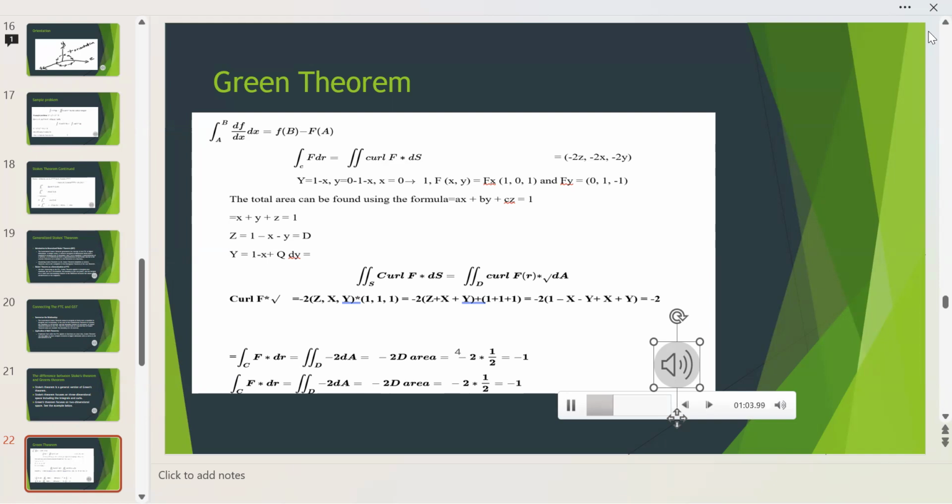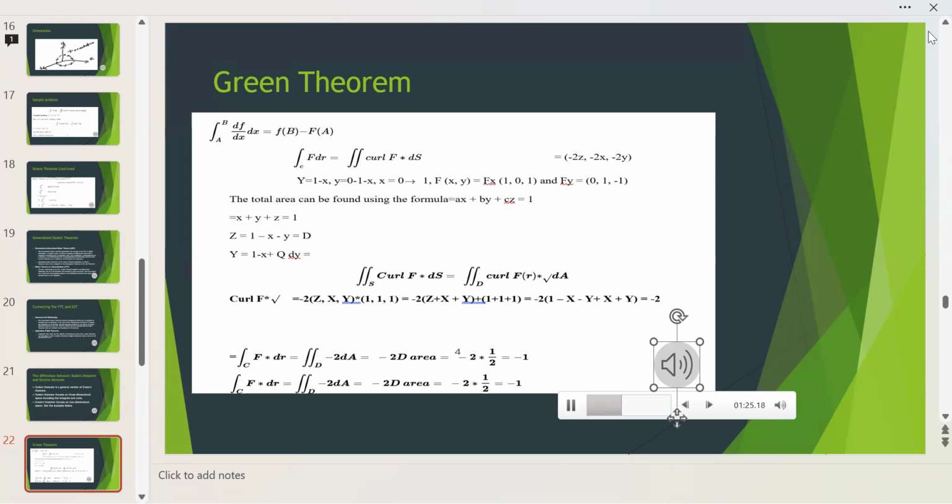And the plane can be found by using the formula ax plus by plus cz equals 1, and that is equivalent to x plus y plus z equals 1. So z is equal to 1 minus x minus y.